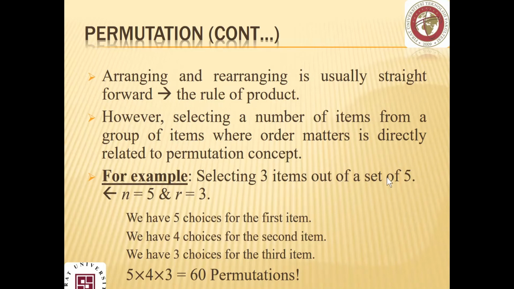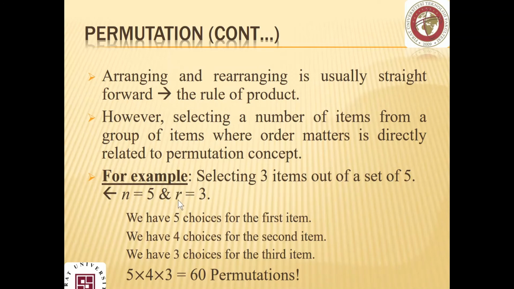So the whole set is 5, and we have a subset. We call it the selection criteria, or the selected items, R. So we have a permutation of R of n. So permutation R of n, or R taken from n, or R taken out of n. So number of choices.